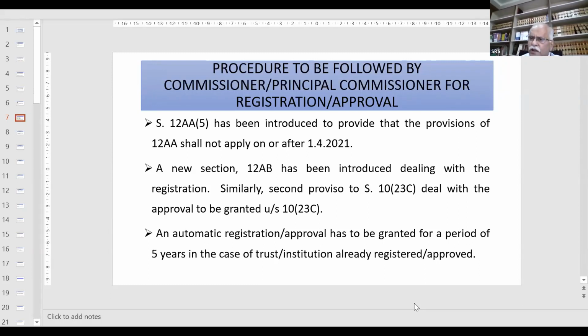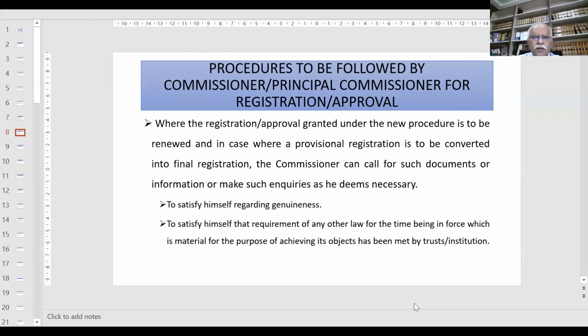All he has to see is whether you are already registered, either under section 12A earlier or 12A(1)(ac) read with section 12AB. So once you are registered with that, then if you're asking for a renewal, the commissioner has to simply pass an order granting you registration without asking any questions, no inquiries. Next slide, please.